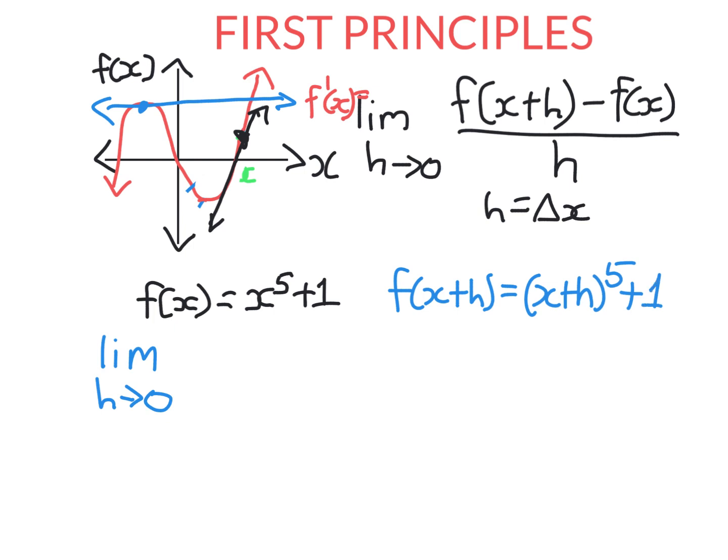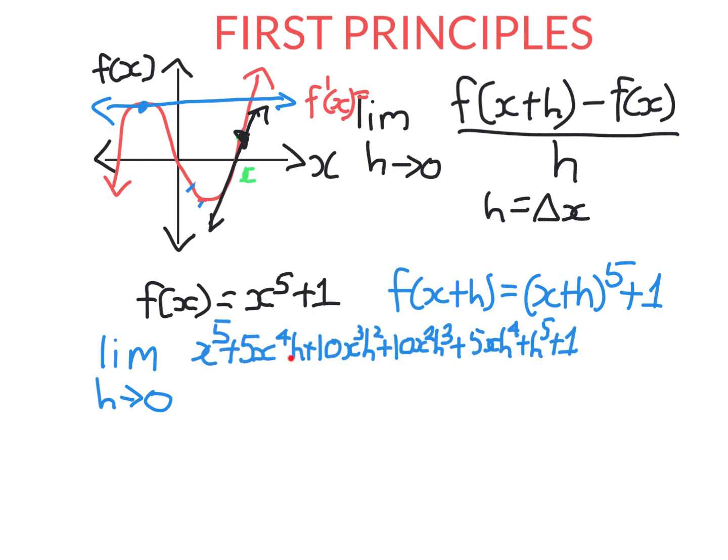So the way that we expand these brackets, we use Pascal's triangle if you need. So this is what we get from (x plus h) to the power of 5, and then we have our plus 1 on the end. So that's f of x plus h. Now we need to minus f of x. So when you're minusing f of x, make sure you use brackets, and that's all divided by h.